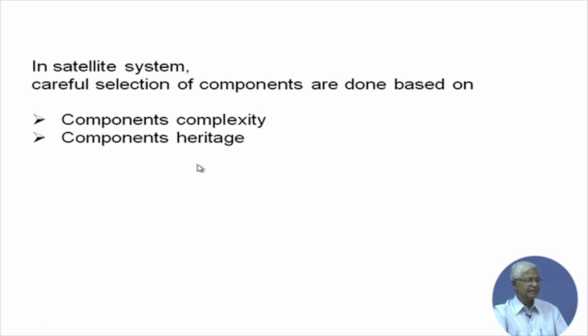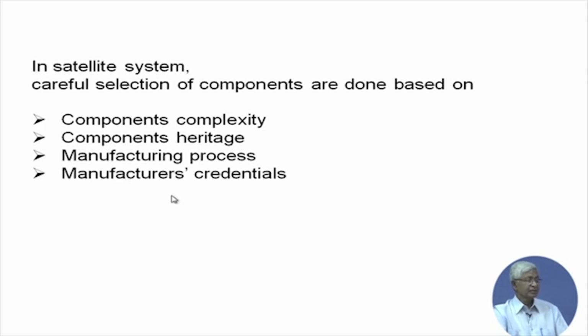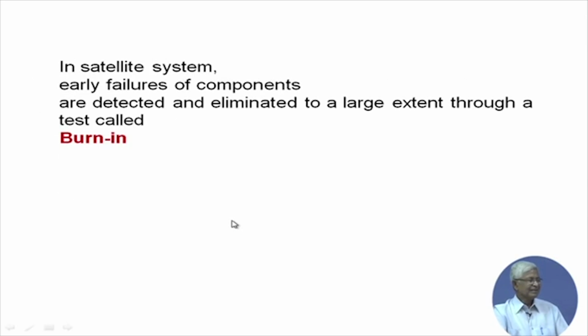In a satellite system, careful selection of components is done based on the component's complexity, its heritage, where and how it is used, how it performed, its manufacturing process, its manufacturer's certification, that is its credential, and spent life on the shelf. Then the initial part of the failure of the component is tested, and those which are supposed to fail, let them fail by a test called burn in.